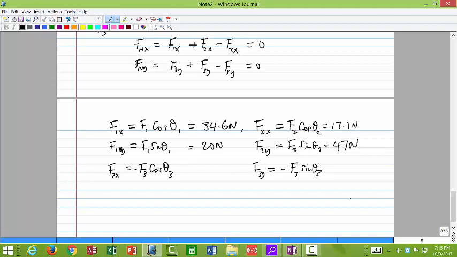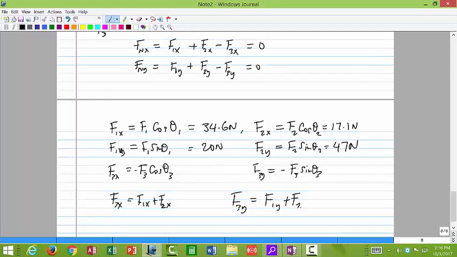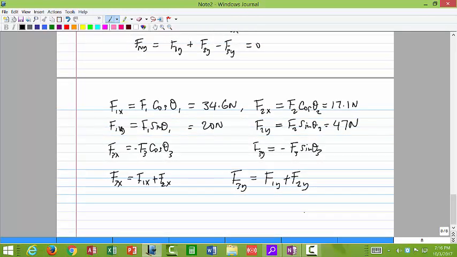You can say F3x is equal to F1x plus F2x. I've already put a negative in here, so when I bring it here, I'm not going to put a negative again because I already put it once. And then F3y is equal to F1y plus F2y.